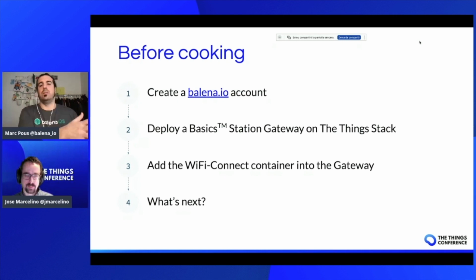It restarts and connects to the Wi-Fi whose credentials you gave from the mobile phone. Like sometimes in a hotel, to connect to the Wi-Fi you have to do something like this. So that's how WiFi Connect works, and I think that feature will be really interesting to have on our gateways from now on.